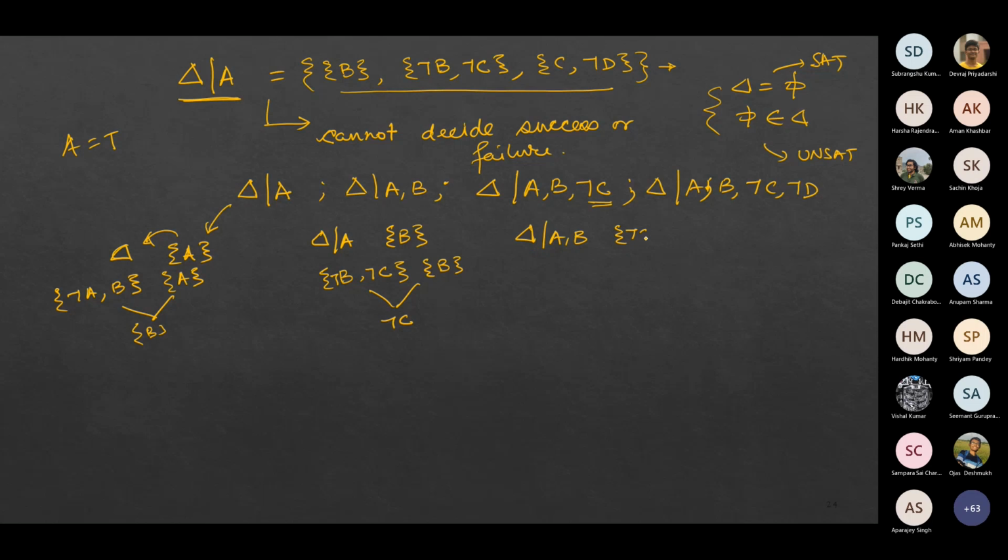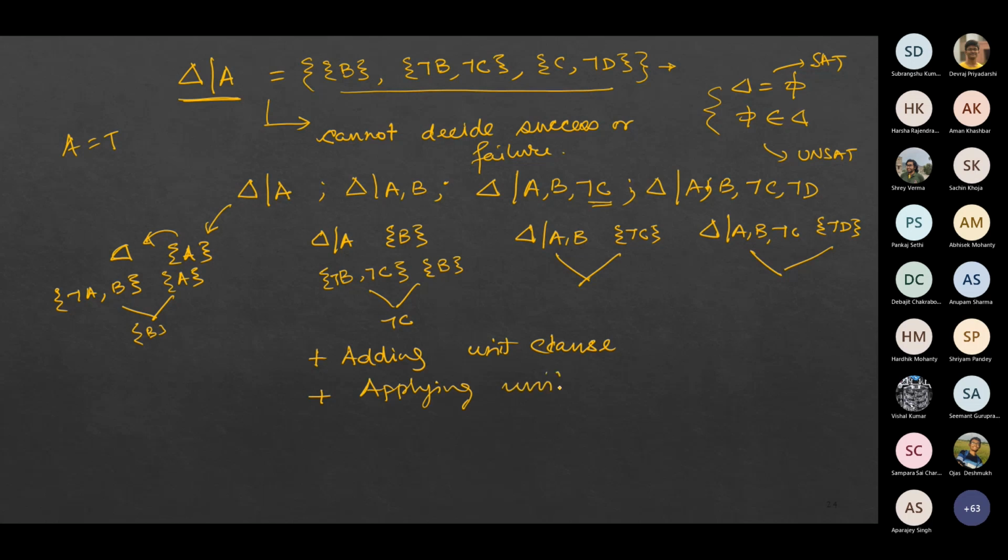We are adding another clause and performing another unit resolution. And here, on top of A, B, not C, we are adding another unit clause and performing resolution. At every stage, we are adding one unit clause. And what does that facilitate? That facilitates applying unit resolution.